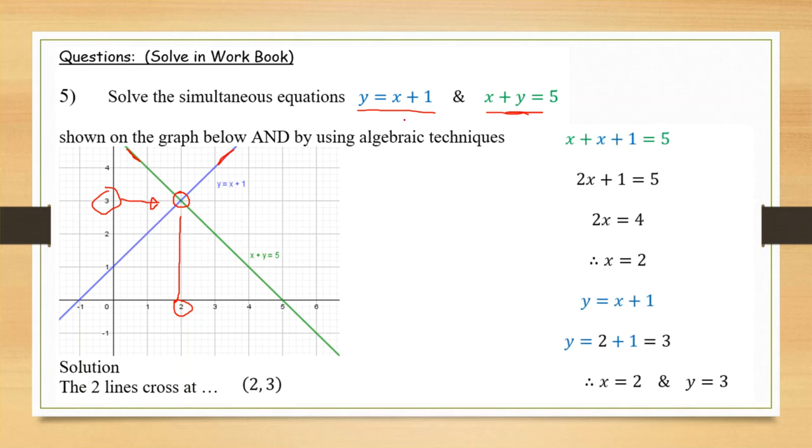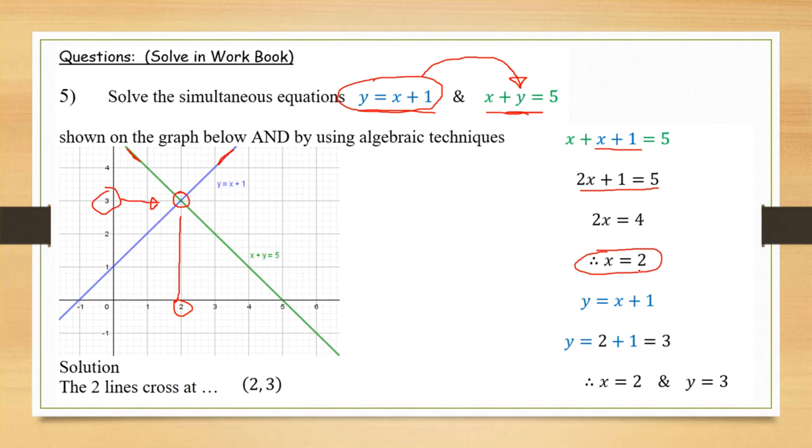Algebraically, this time around we can replace the y equals x plus 1. We can substitute it for this y. So you can see here x plus 1 replaces the y. X plus x is 2x. So we get this equation, 2x plus 1 equals 5. Take away 1 from both sides and divide by 2, giving us x equals 2.